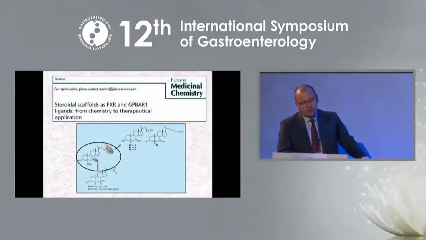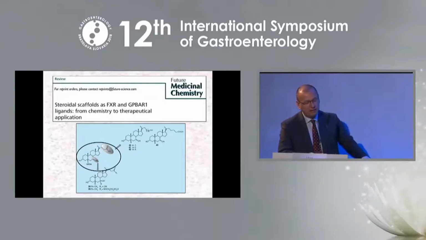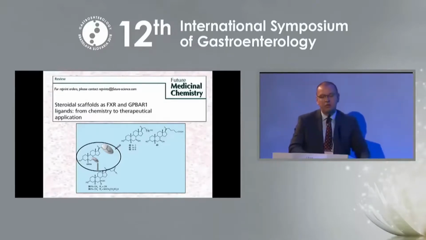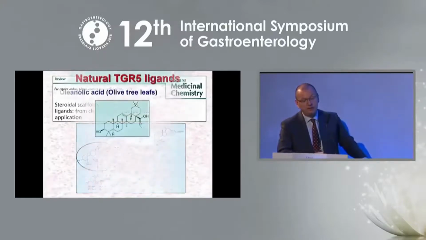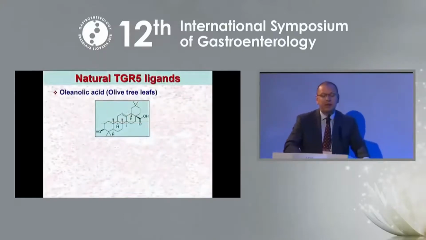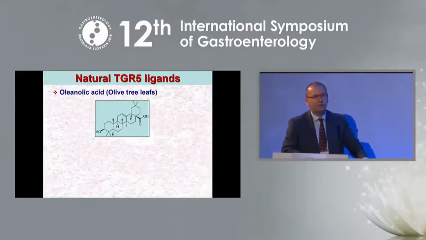So this is just a picture showing how the steroidal scaffold of bile acids can be used as a tool to develop novel drugs to modulate all these nuclear receptors with the aim to treat metabolic diseases. This is an example of how natural products can influence nuclear receptors responsible for these metabolic effects.